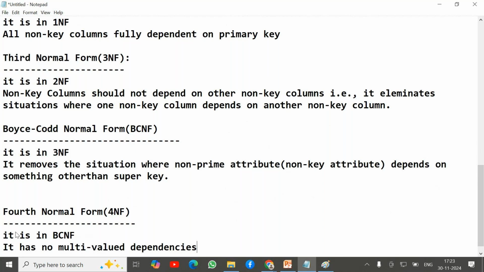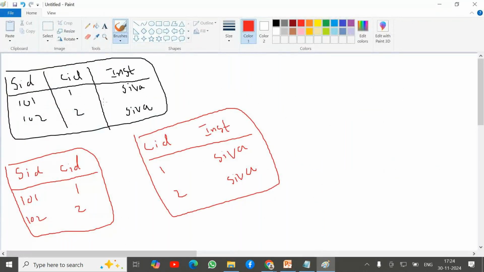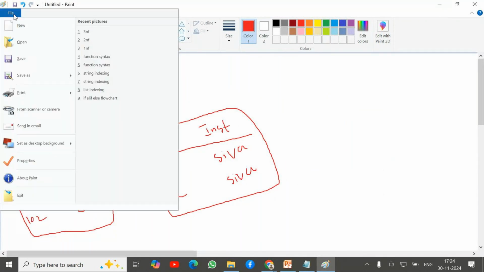If a student can have multiple phone numbers and multiple email addresses, and both are independent of each other but depend on the student, this would create a multi-value dependency. To bring the table into 4NF, separate those attributes. This is BCNF, 3NF and BCNF, next to 4NF.